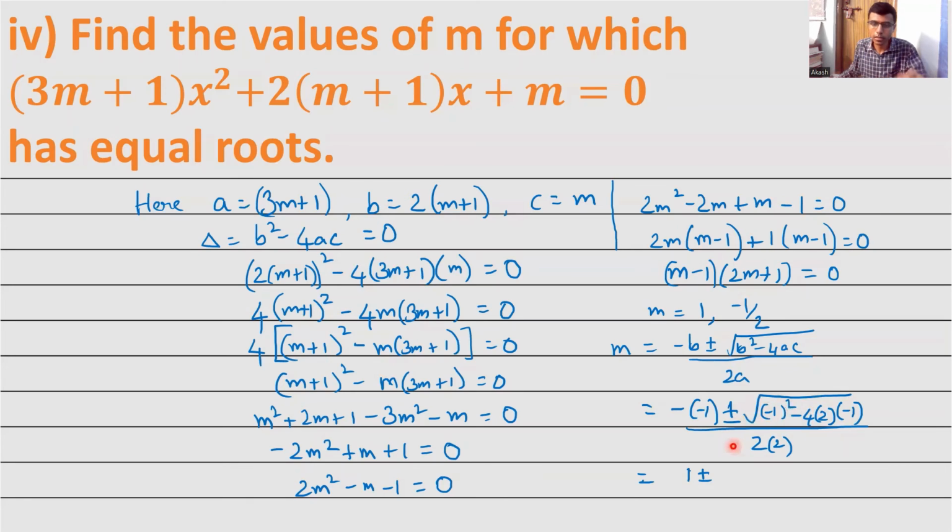So under root of 9 is 3. Here I have 2 into 2 is 4. So that's nothing but 1 plus 3 by 4 comma 1 minus 3 by 4. So 1 plus 3 is 4, 4 by 4 is 1, and 1 minus 3 is minus 2, minus 2 by 4 is going to be minus 1 by 2. That's it.